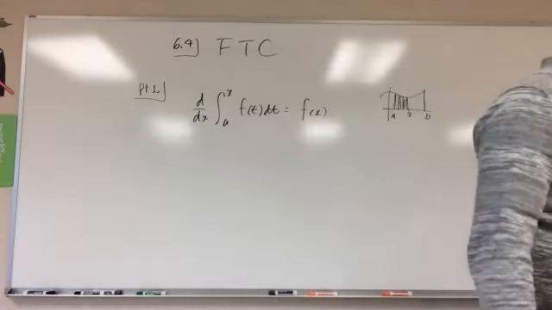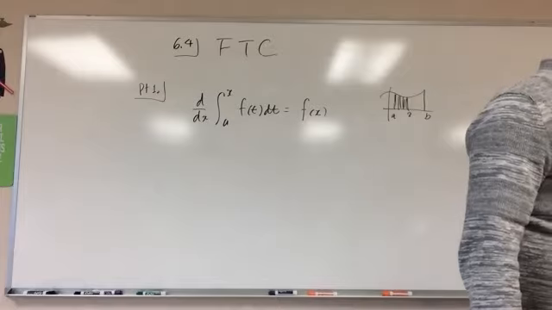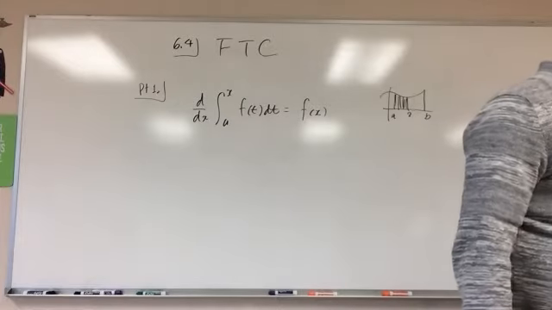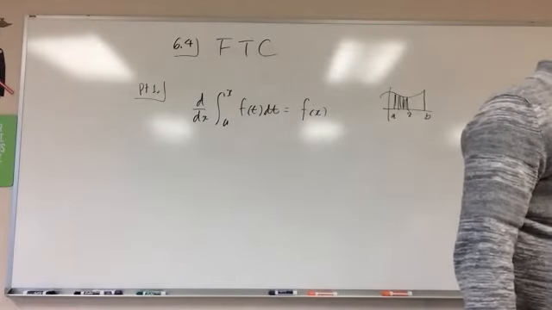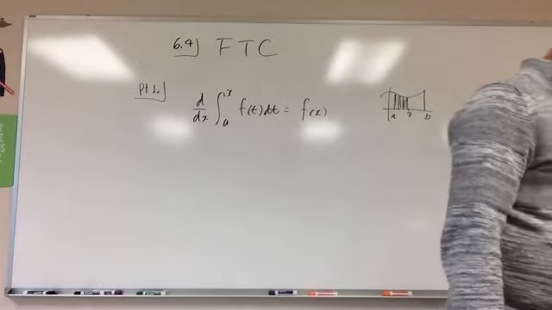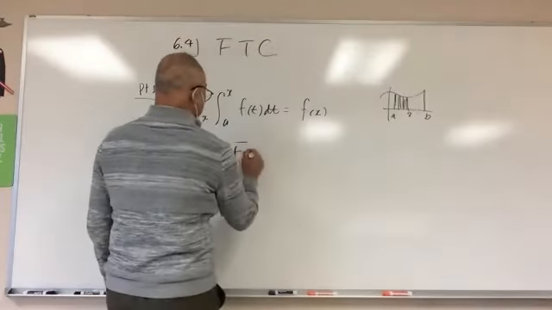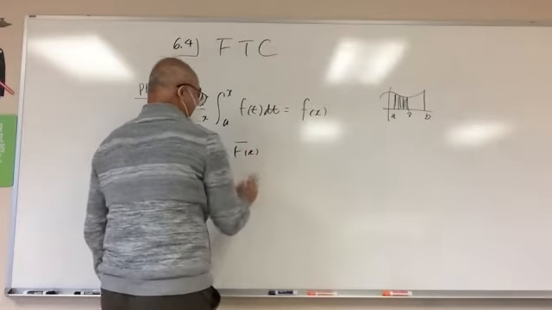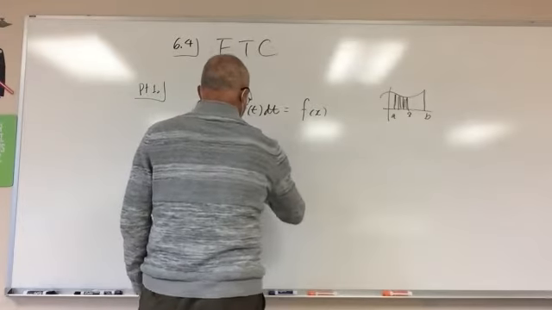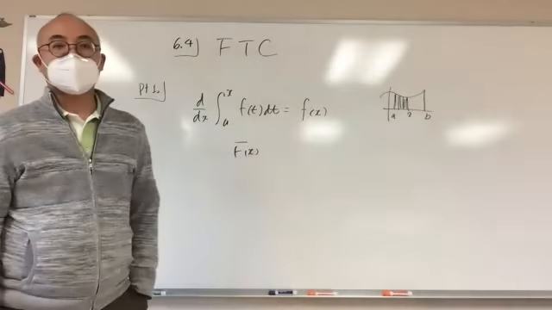So you go to page 302, there's a green box there that basically states that. Okay. So then in here they also talk about the capital F of x, right? What is capital F of x really? In your own words, what is it? What is f of x? This is the antiderivative, right?